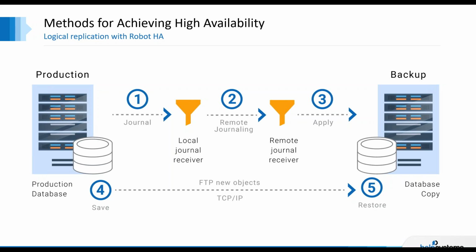And on some systems, this can be extremely busy because QAUDJRN wasn't particularly designed for high availability. It's the audit journal, it's not the HA journal. Our own Robot HA has very little dependency on QAUDJRN and uses it for minimal things. So distance is not a problem with this type of solution. So cloud can be an option. You can have your target machine in the cloud, and there are both synchronous and async communication options here.